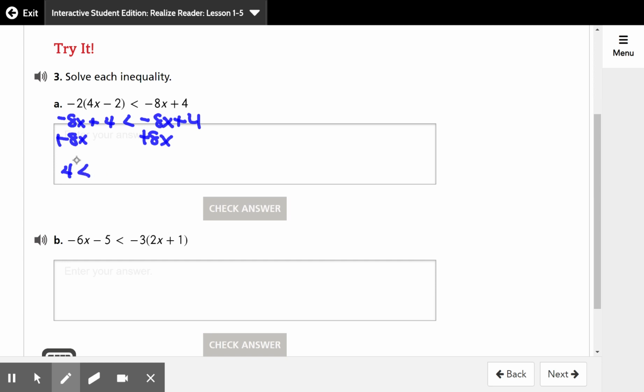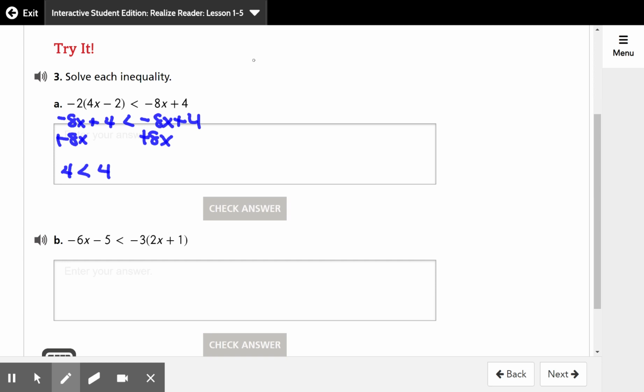And then this, you have to be very careful, is not infinitely many solutions. The reason is that 4 is not less than 4. So I was mistaken. You have to be careful. Inequalities are not exactly like equations.